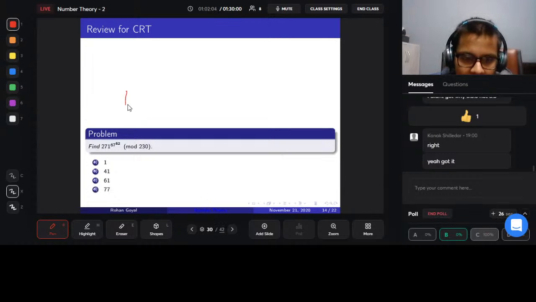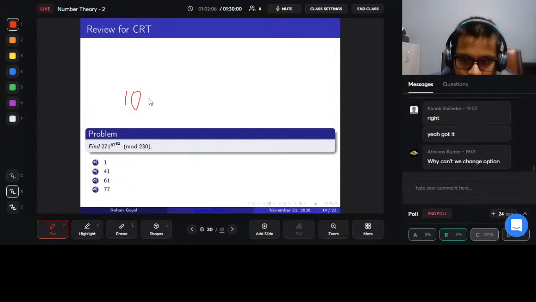So 230 is, for example, 10 into 23. It's fine if you can't change the option, don't worry. If you find the answer, that's fine. The poll is just for practice. So you can try to find it mod 10 and mod 23, and then use Chinese remainder theorem to get your actual answer. I added some time for you to try because I think implementing Chinese remainder theorem is a slightly longer process.